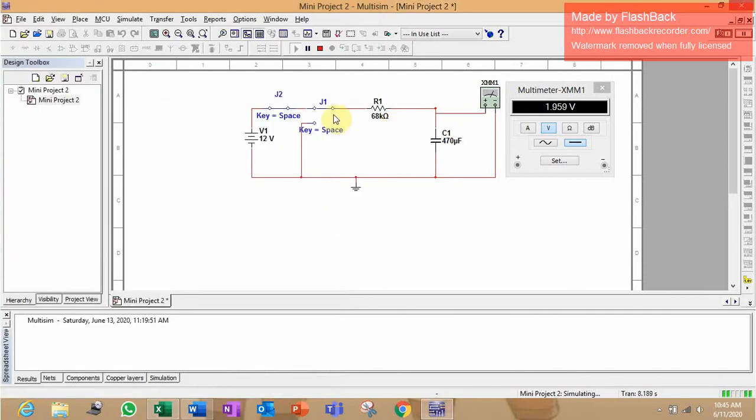And for the discharging, just flip the switch so that it disconnects from the DC supply. The voltage will start to drop until it reaches 0 value or equivalent.